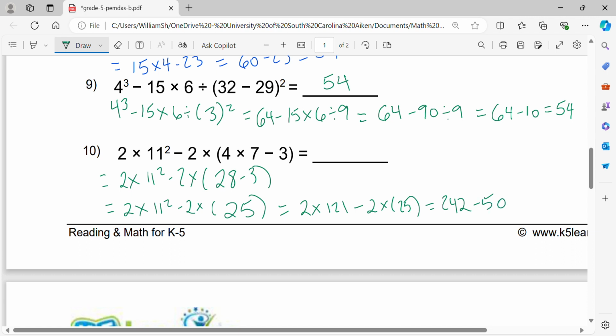Okay. Minus. Alright, 2 times 25 is 50. So I wind up having 242 minus 50. Let's see, 242 minus 50 should give me, what is that, 192? And we're done. Order of operations.